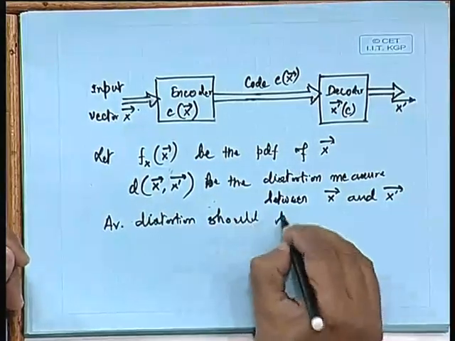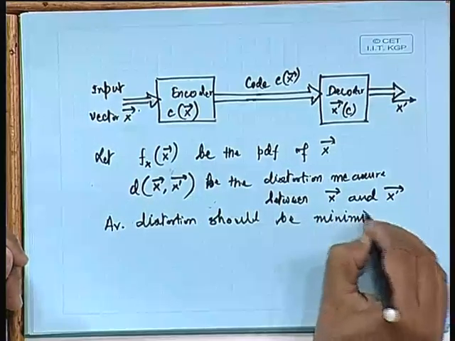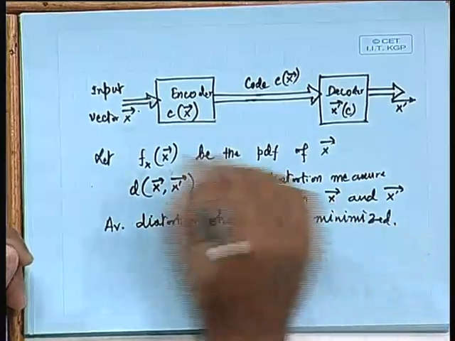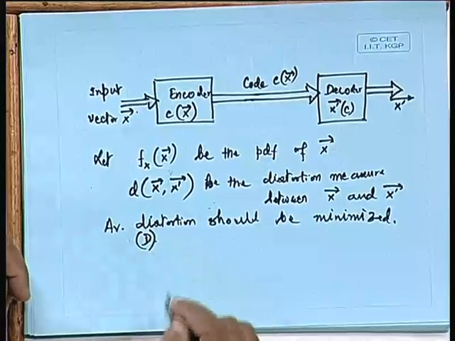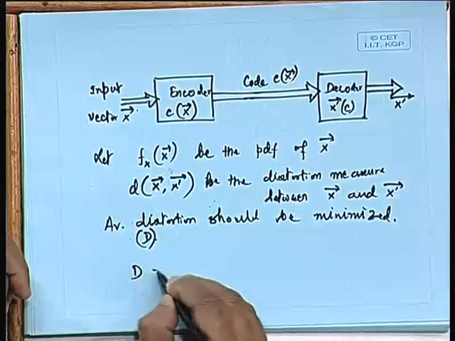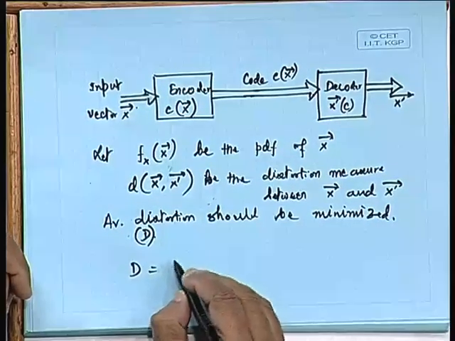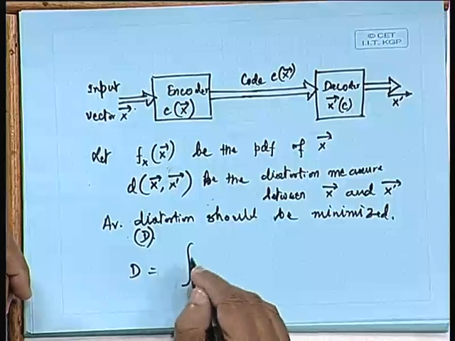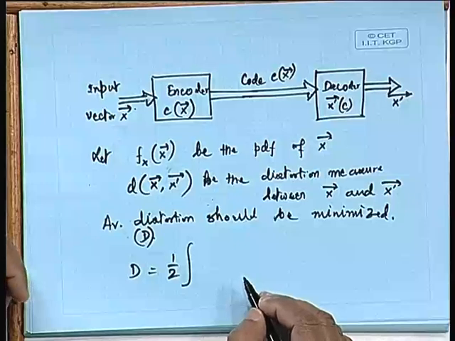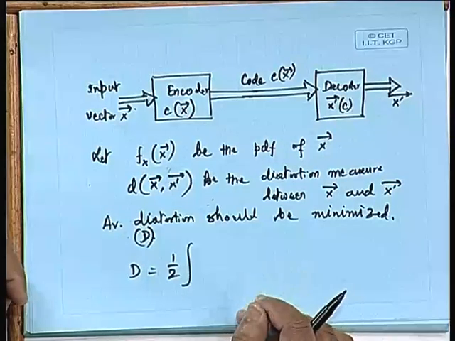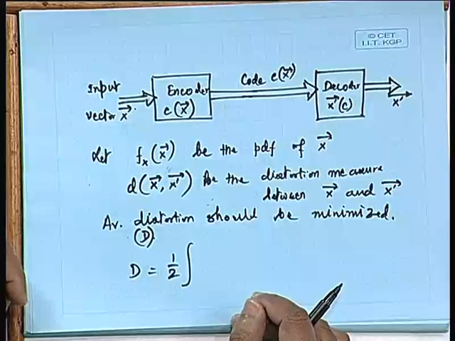So, let us first express the average distortion in terms of the quantities we have already defined. Average distortion, let us call it D. So, we are indicating this average distortion to be equal to the integral of, I am again introducing this half. You know the reason: when I talk about half, I must be doing some differentiation and there must be some squared quantity, and I just want to nullify this half with the 2 that I will get from the differential.